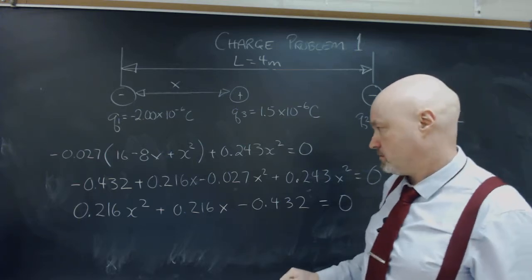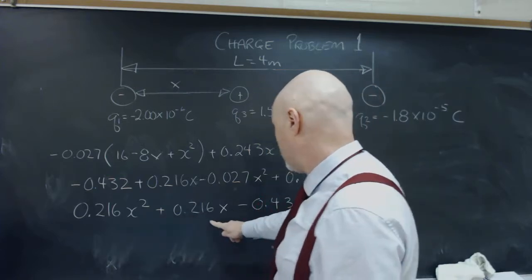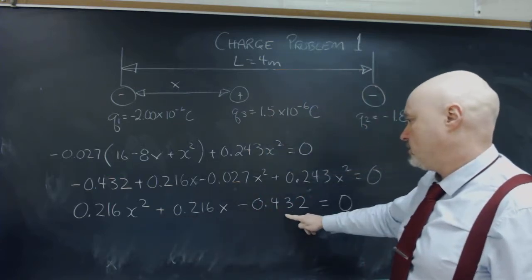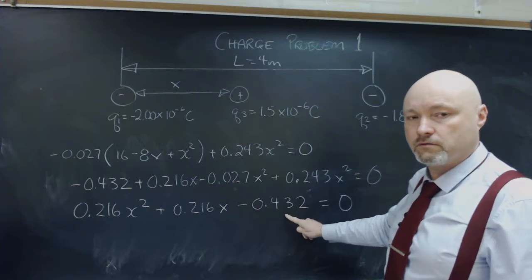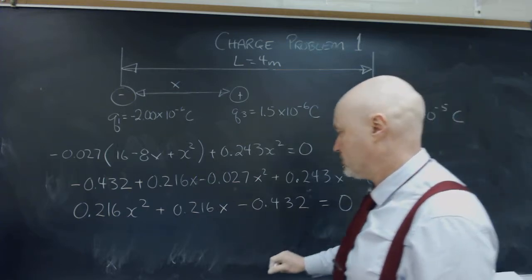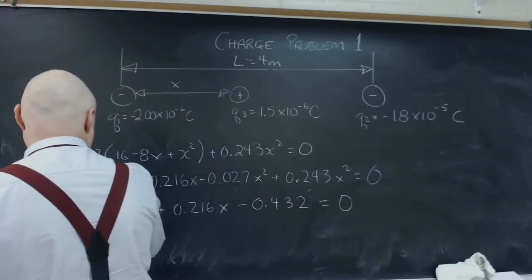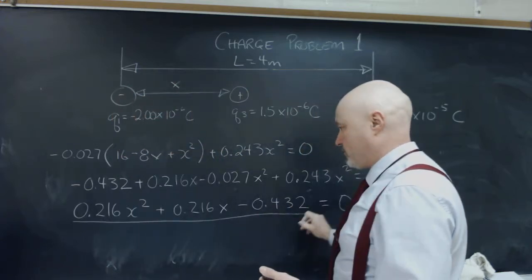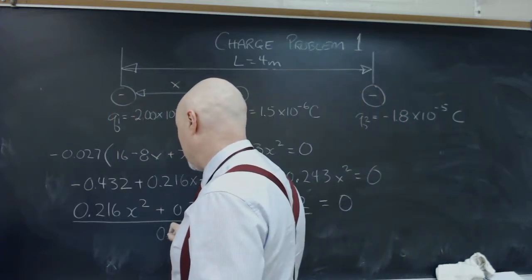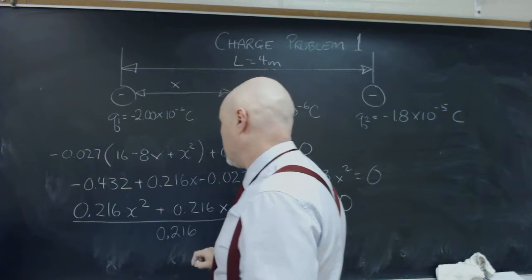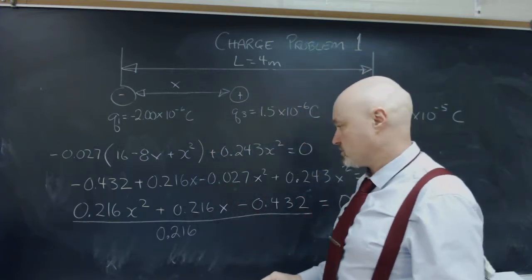Will that actually work? 1x squared plus 1, oh yeah, minus 2. Yeah, that will work. Okay, so I'm going to divide everything. So keep in mind, everybody, this problem has been carefully contrived for this to work out.